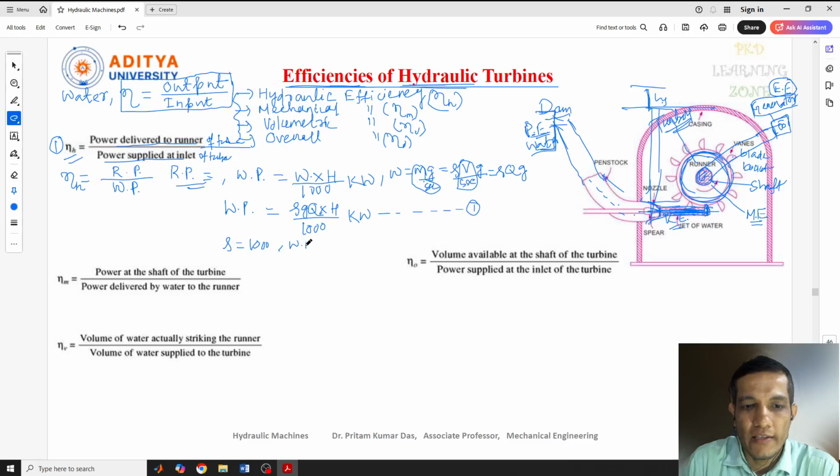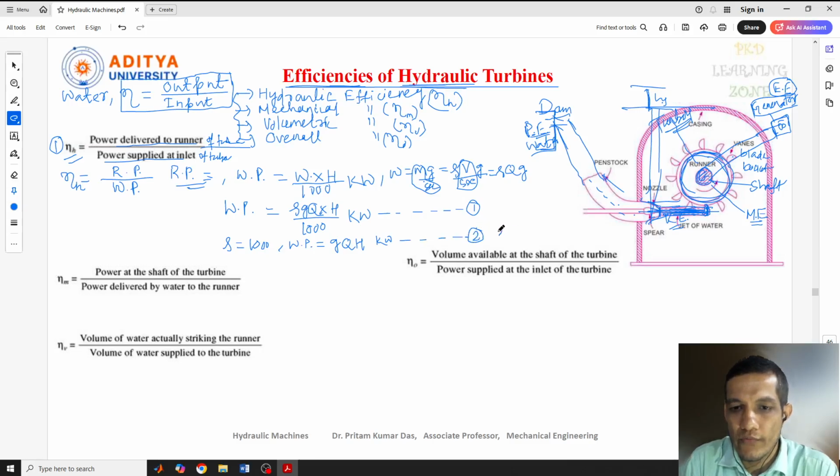So water power equals g Q H, this much kilowatt. This is equation 2. This is for water, and equation 1 is for other fluids.